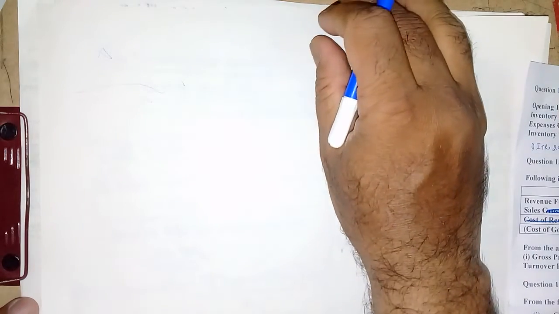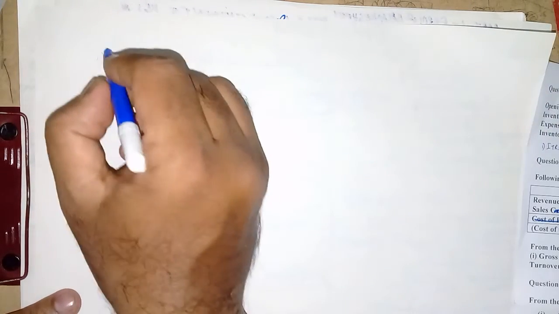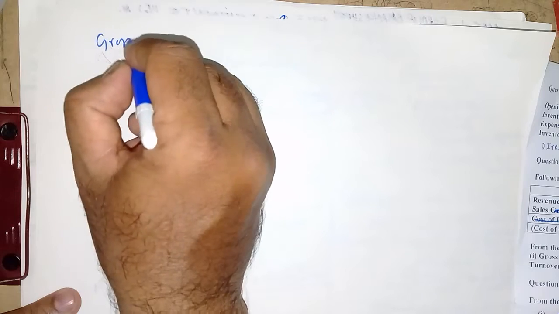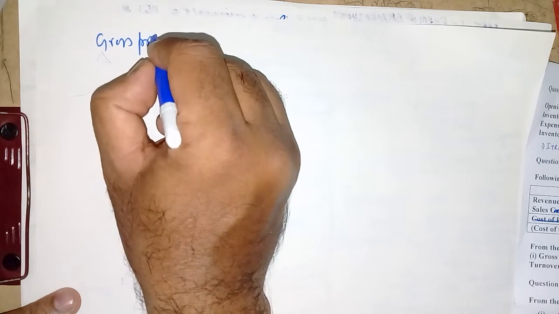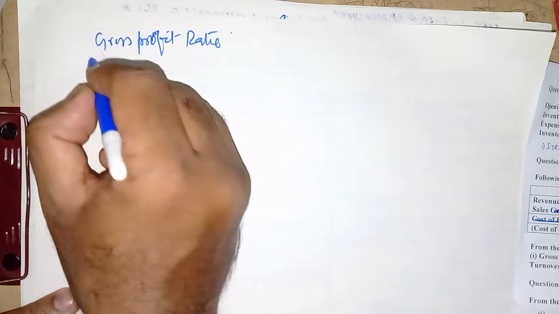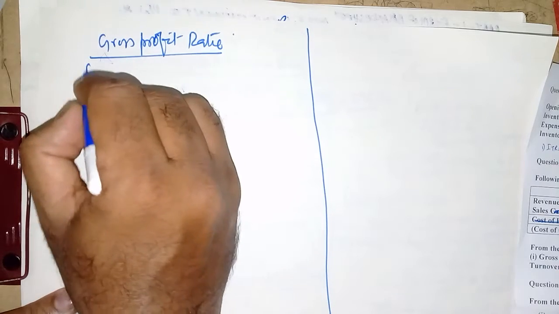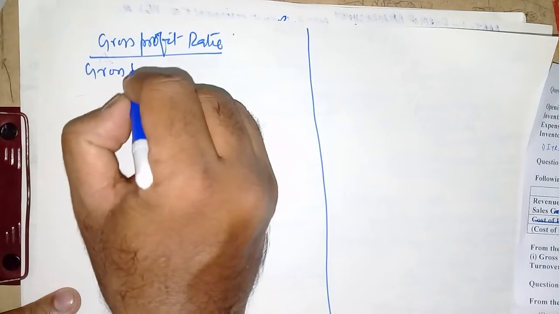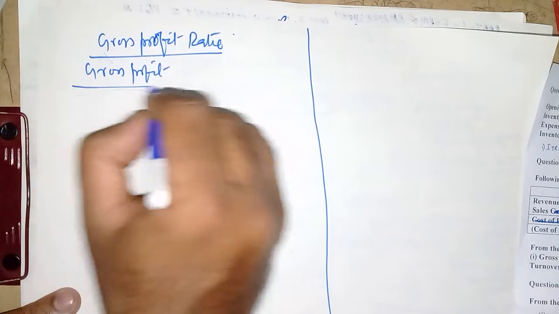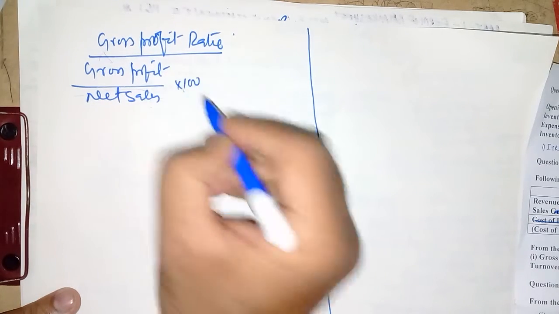First, we need to calculate the gross profit ratio. We'll segregate the paper in two parts. The formula is gross profit by net sales into 100.